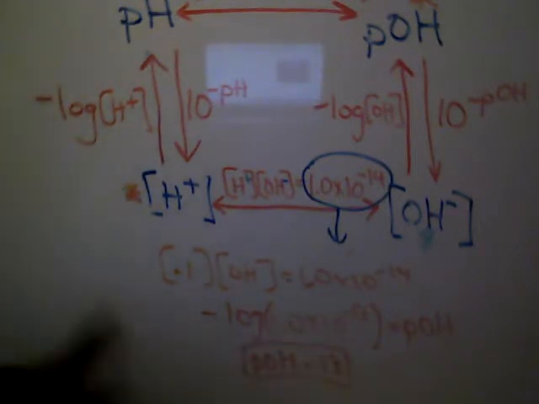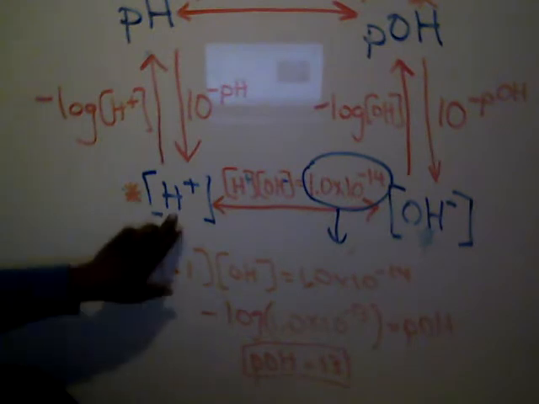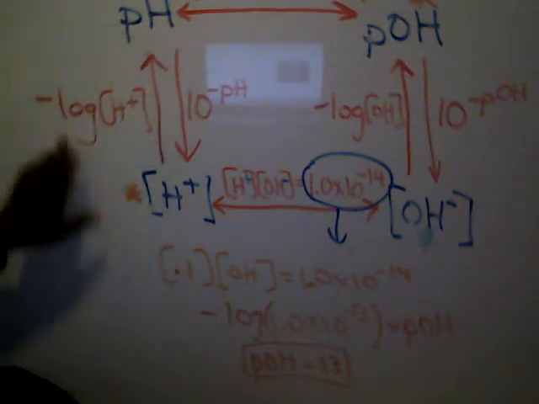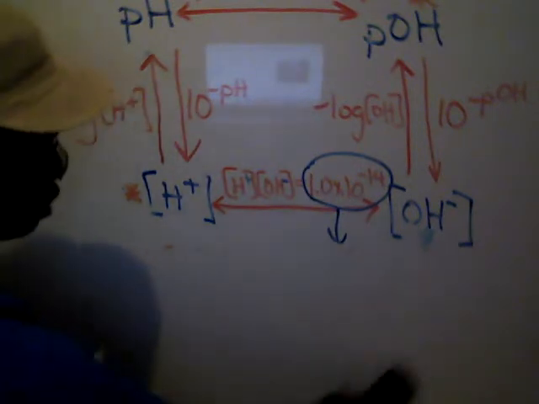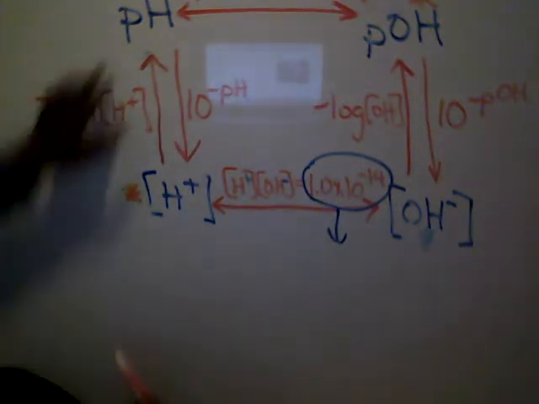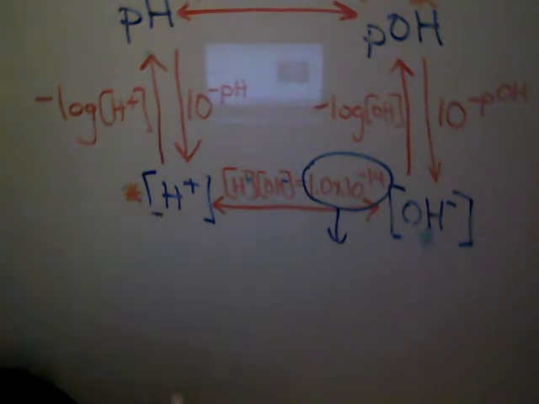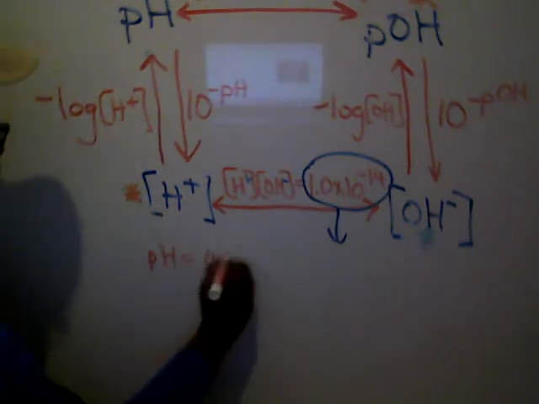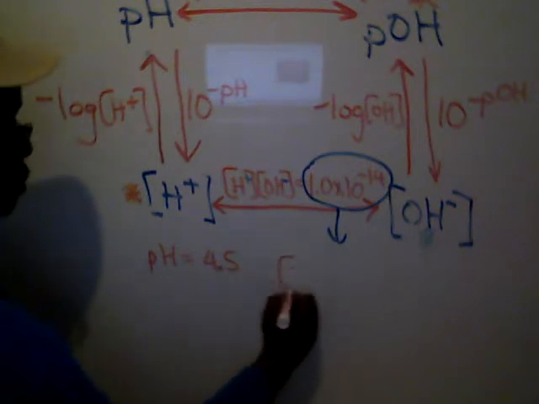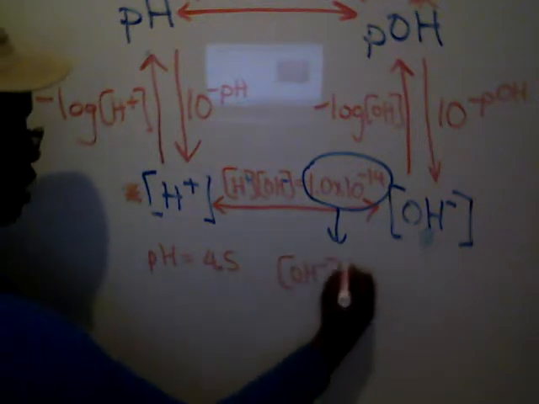Okay. So just be comfortable converting between these calculations. If you're given just the hydrogens and you need to go to the pH, you just do negative log of that number. So let's look at one example where we're given the pH, but we're asked about the hydroxides. So let's say you have a solution that has a pH of 4.5, but you want to know the amount of hydroxides.